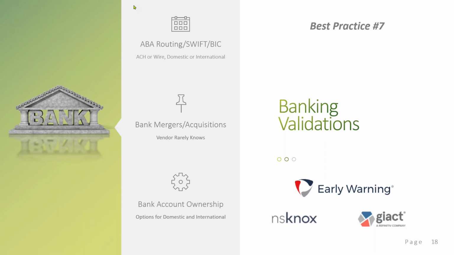But for international banks, NSKnox came up with a solution which is a pre-note process. And since it's not relying on a contribution to a database, they can accommodate international and US vendor banks. So Early Warning and GIACT are for US banks, and NSKnox are US banks and international banks because they do a pre-note process.